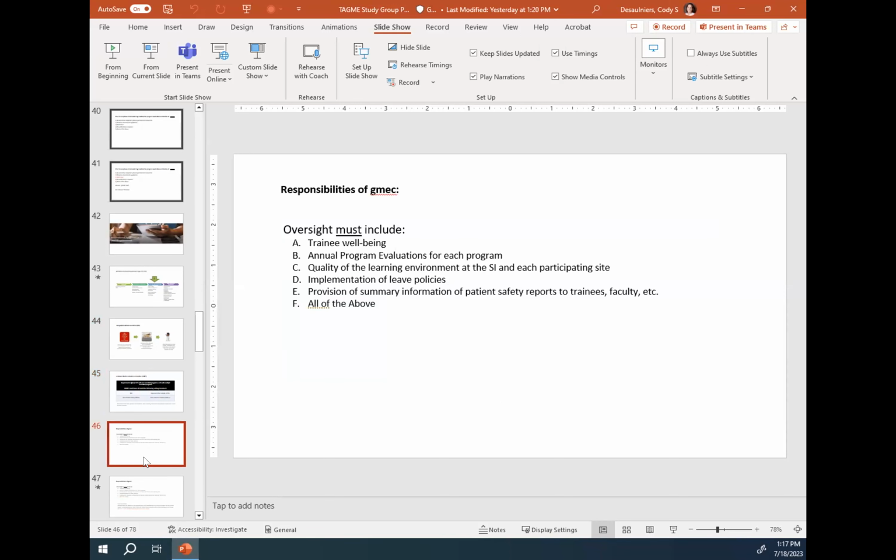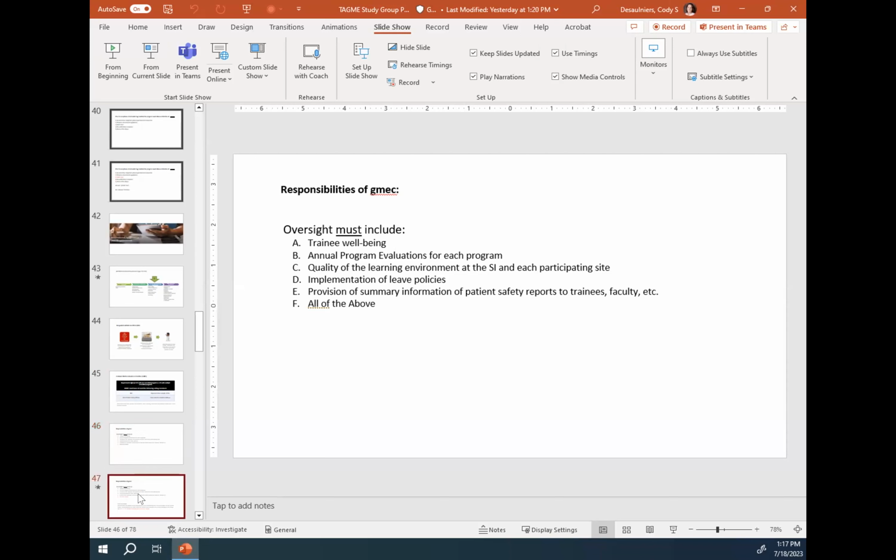And the responsibility of GMEC. Oversight must include A, training well-being, B, annual program evaluations for each program, C, quality of the learning environment at the sponsoring institution and each participating site, D, implementation of lead policies, E, provision of summary information of patient safety reports to trainees, faculty, etc., or F, all of the above.